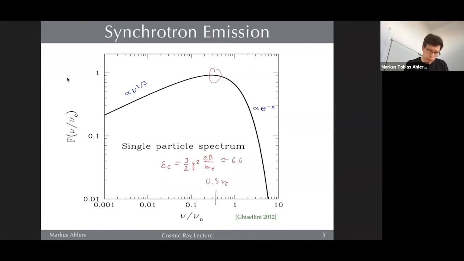This will be 6.6 electron volt times B over 1 Gauss times the electron energy over 10 to the power 10 electron volt, squared. So the critical energy of the spectrum, which is related to the peak, so the peak energy of the spectrum, will be at about 0.3 of the critical energy. The peak of the spectrum will scale as the energy of the electron squared. Okay, so this is the emission spectrum for a single electron.